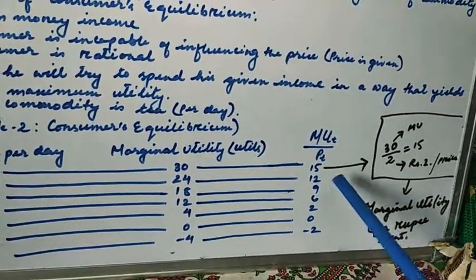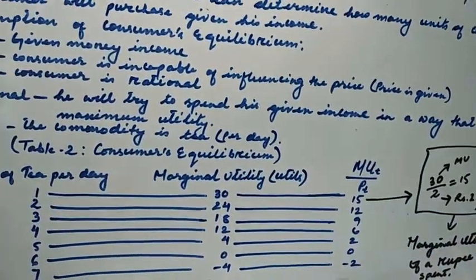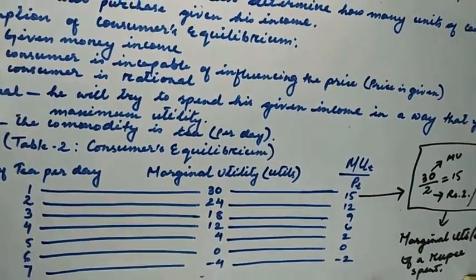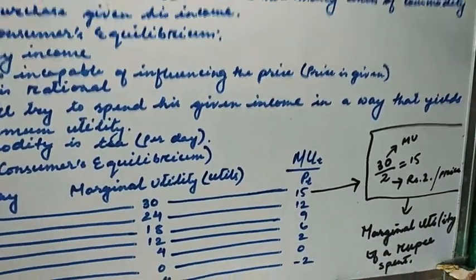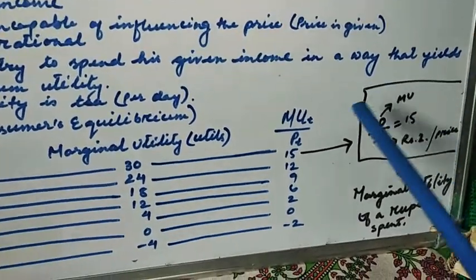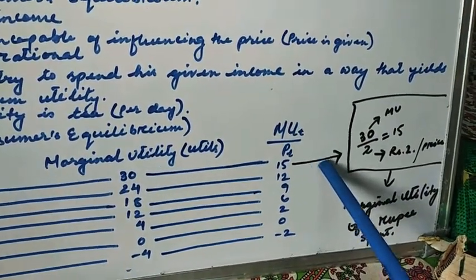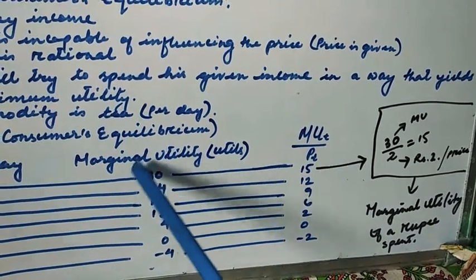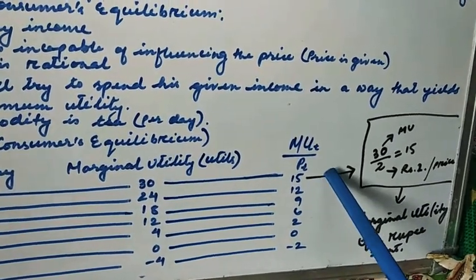So how do we obtain this marginal utility of a rupee spent? We divide the marginal utility by the price of the cup of tea.